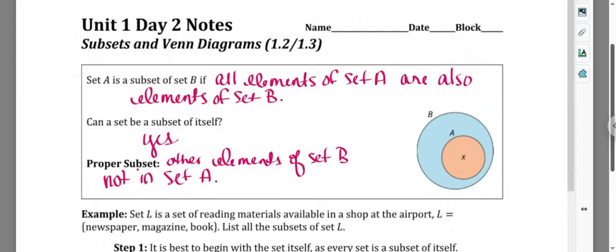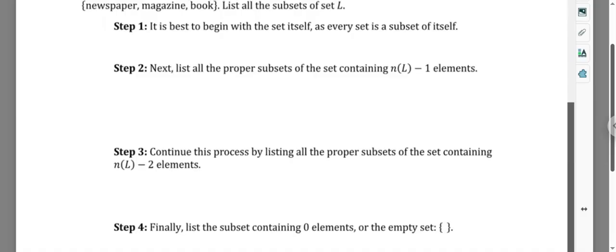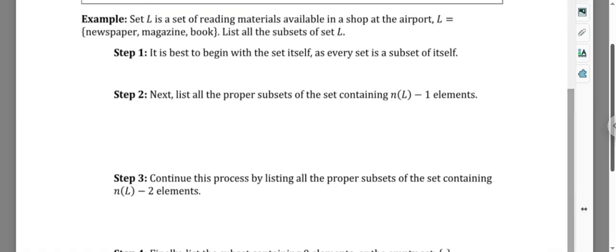Now, listing out all subsets, all available subsets. So I want to make the distinction here. We are listing all subsets versus listing all proper subsets. So all subsets include the original set.